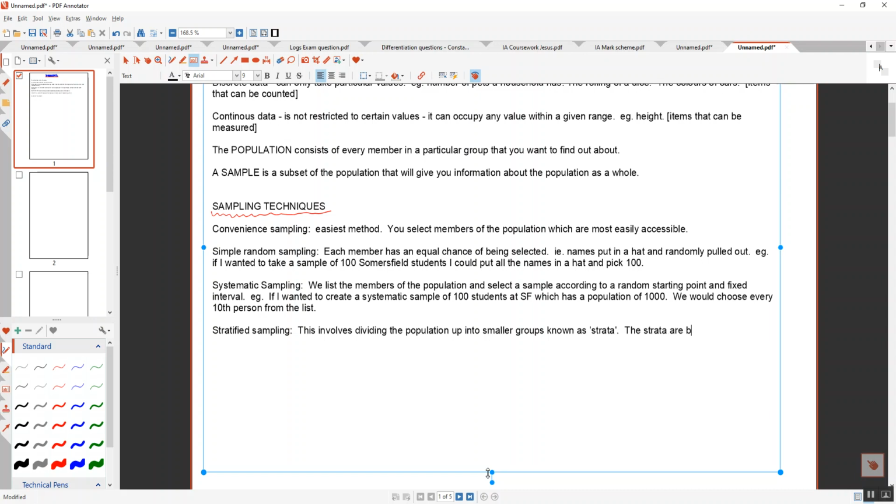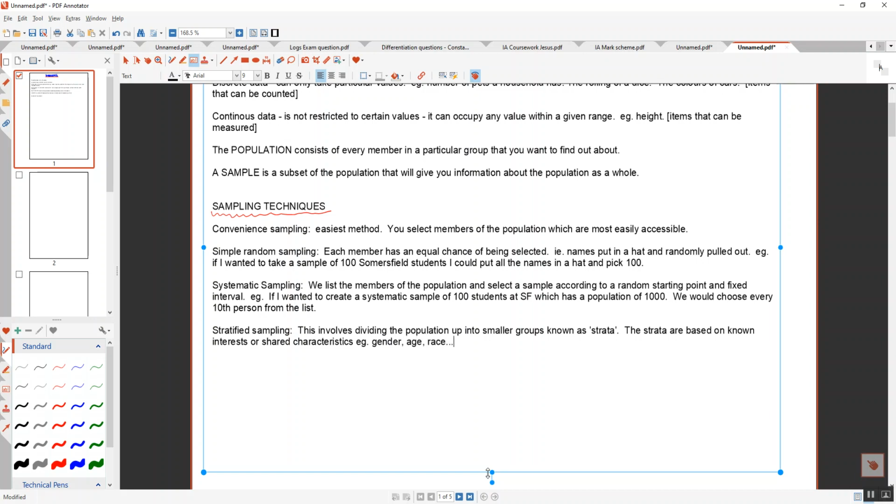The strata are based on known interests or shared characteristics, such as gender, age, race.